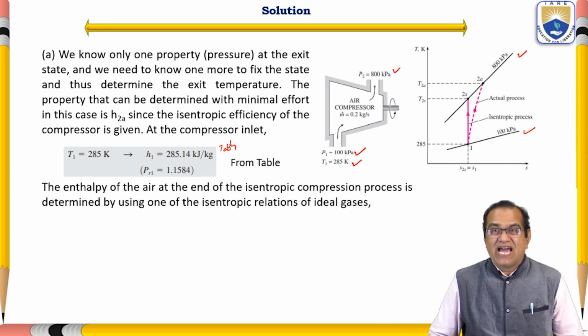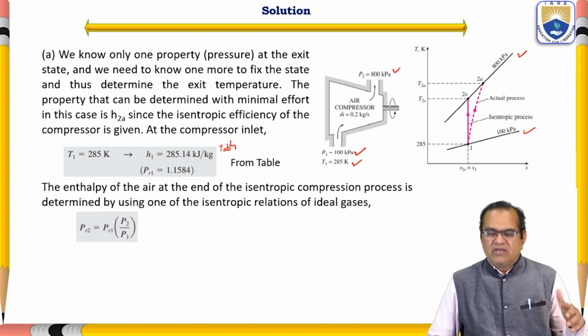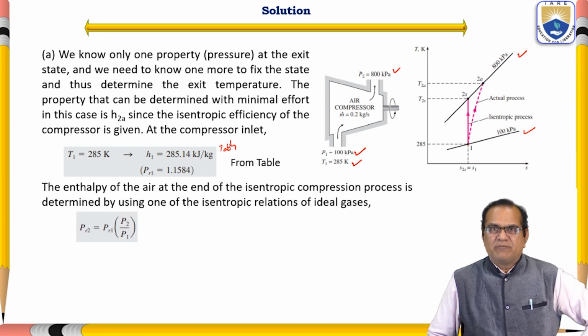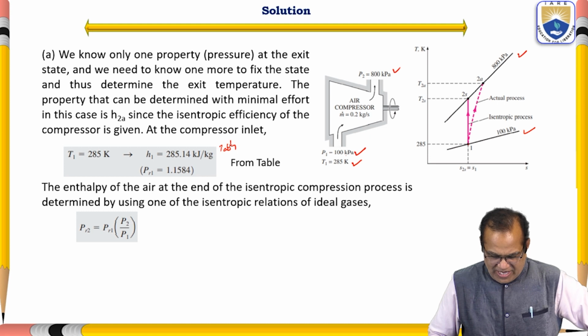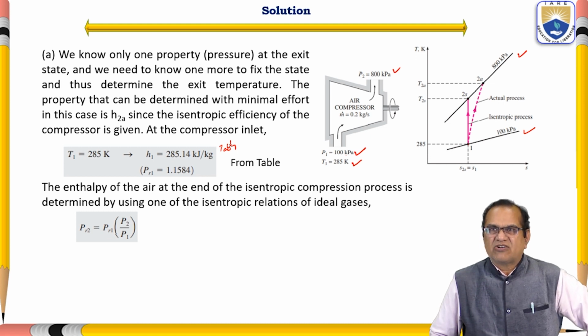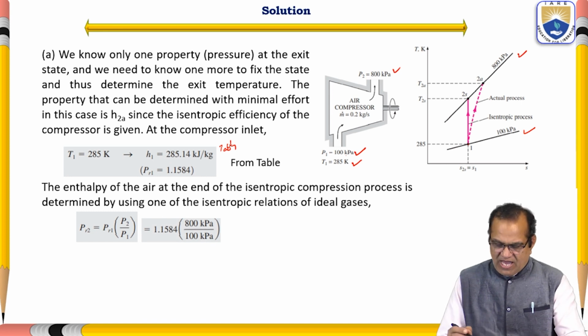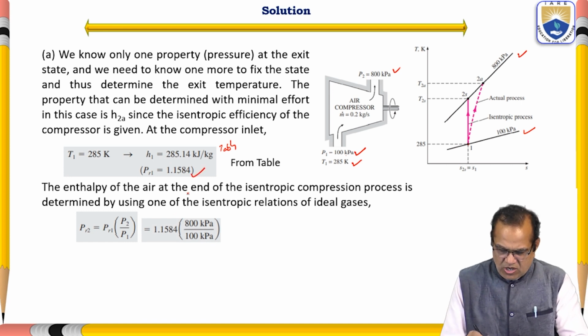So if it is isentropic, we will use PR2 by PR1 is equal to P2 by P1. It is the isentropic compression process. So here PR1 is 1.1585, P2 is 800 and P1 is equal to 100.